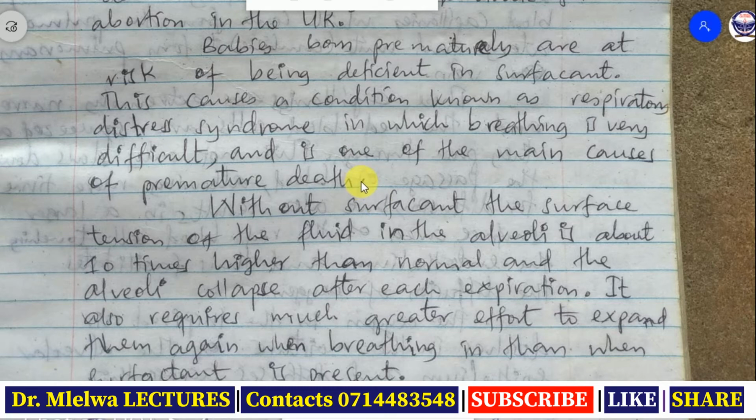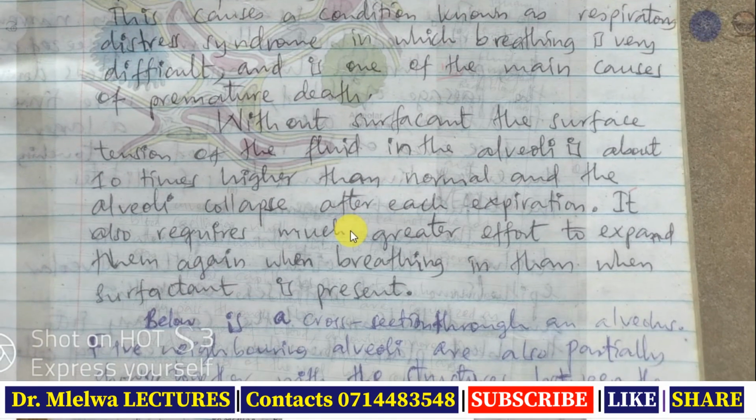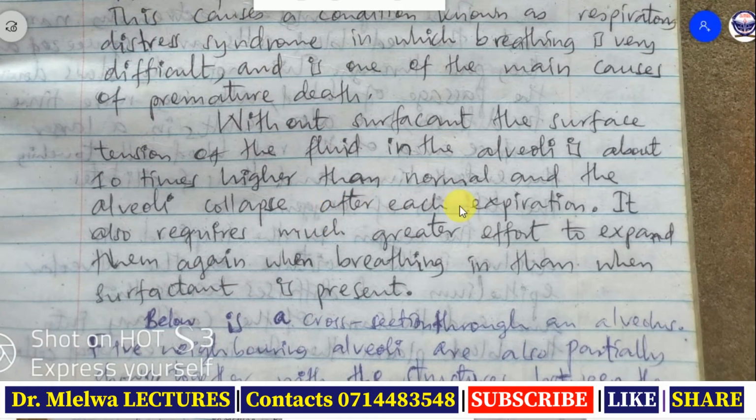Without surfactant, the surface tension of the fluid in the alveoli is about 10 times higher than normal, and the alveoli collapse after each expiration. It also requires much greater effort to expand them again when breathing in than when surfactant is present.